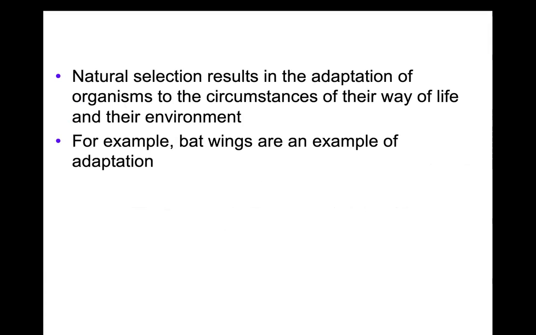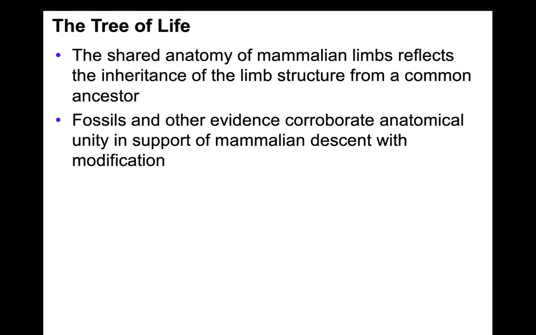For example, bat wings are an example of an adaptation. The shared anatomy of mammalian limbs reflects the inheritance of limb structure from common ancestors. Fossils and other evidence corroborate anatomical unity in support of mammalian descent with modification.